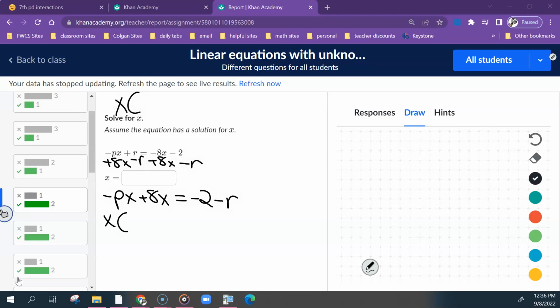There's actually a math term, it's called factoring, but we'll get into that later. When we pull this out, we're dividing this by that x, but not really because there's still an x here, and seeing what's left, so negative p plus 8.